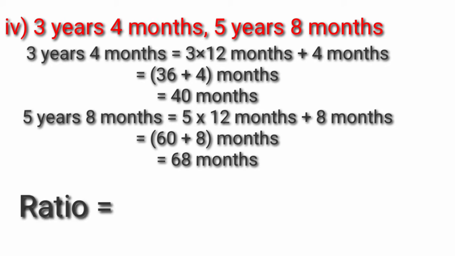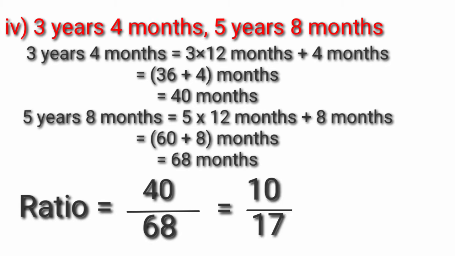So therefore the ratio is 40 months upon 68 months. After dividing by 4, we get 4 10s are 40, 4 17s are 68. So it is equal to 10 upon 17, which is 10 is to 17.